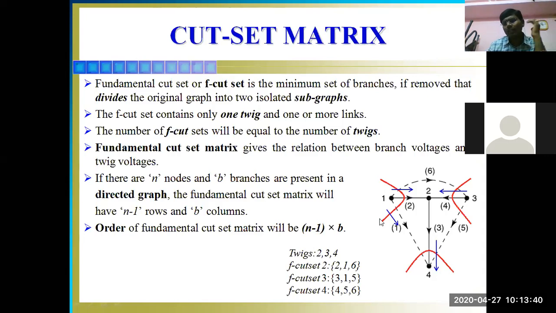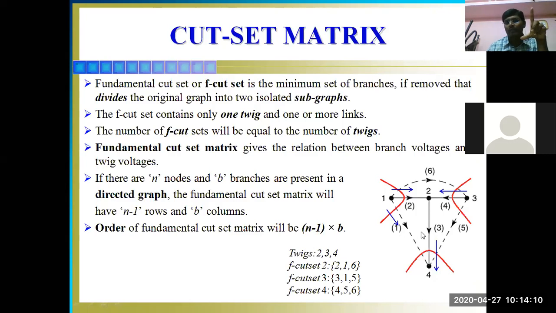Whereas the direction of the cut set is equal to the direction of the twig. This blue line represents the direction of the cut set. In a tie set, the direction of the loop is equal to the direction of the link, whereas in a cut set, the direction of the cut set is equal to the direction of the twig.